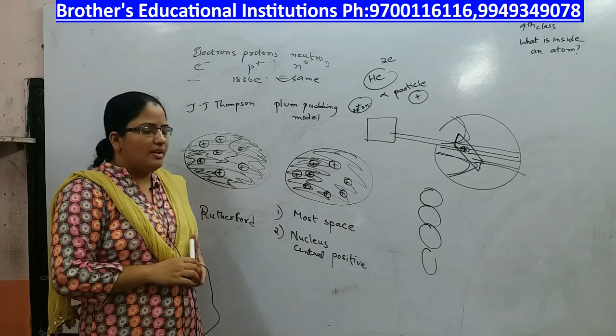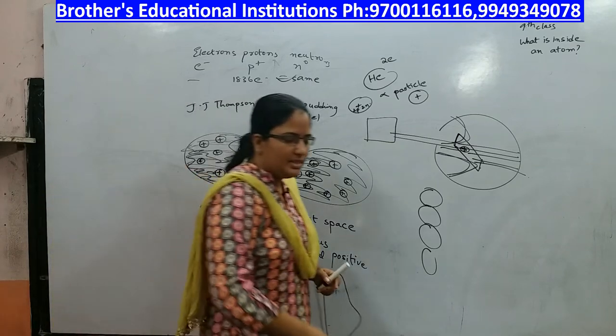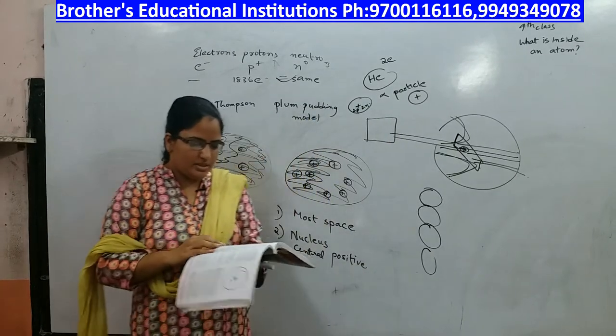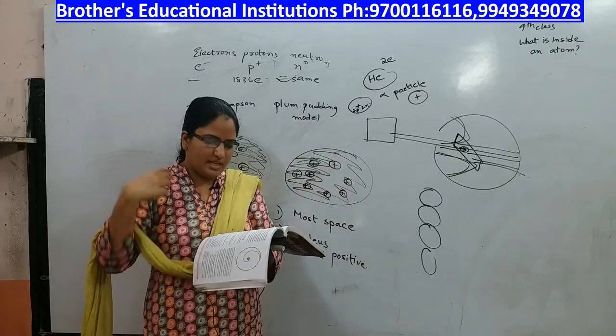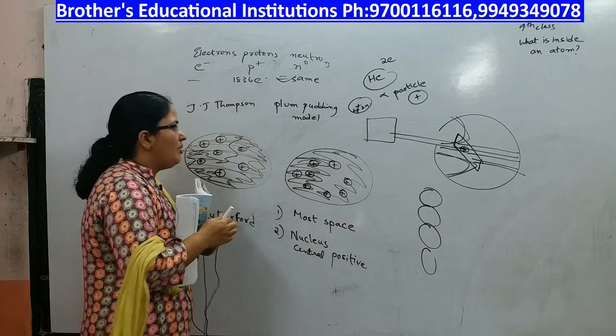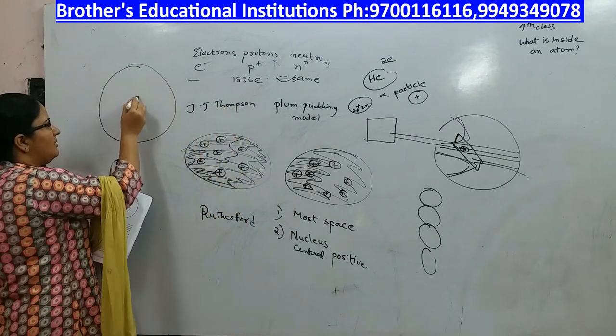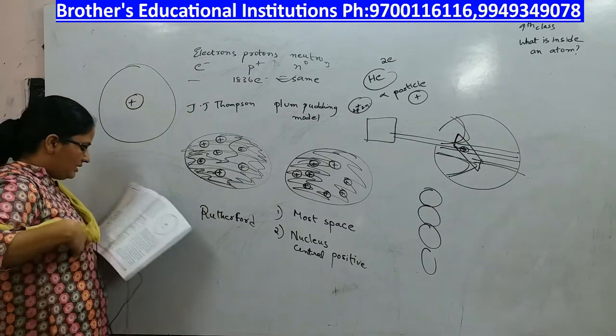Based on this, we can give the salient features of Rutherford's model. The first feature he gave was that all positive charge inside an atom is concentrated at the center in a small space.